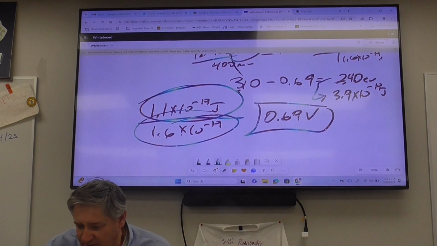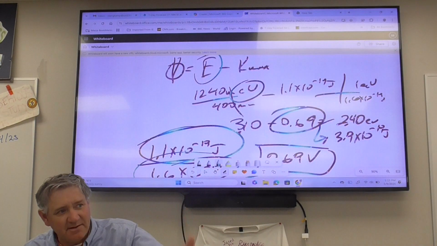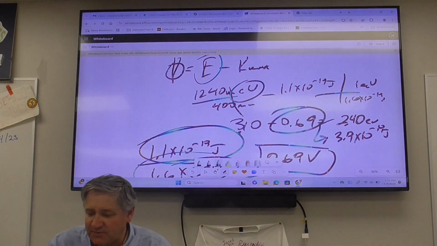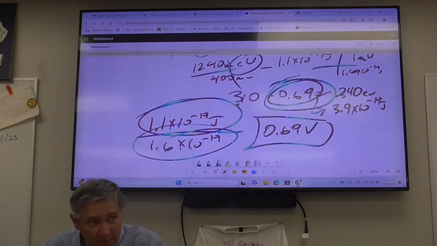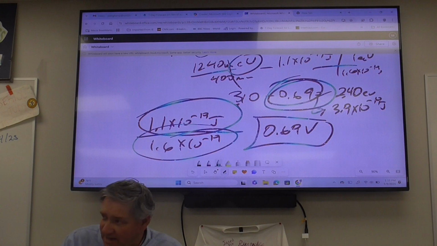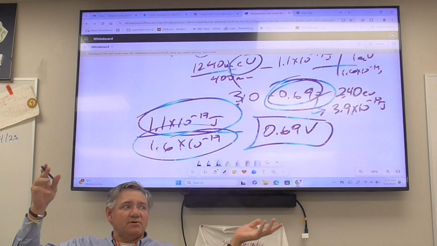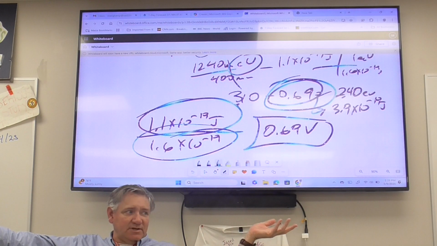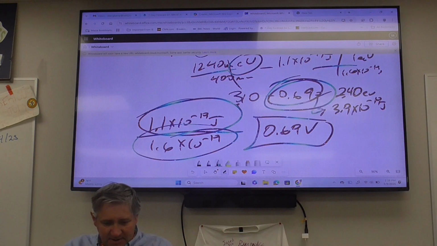Which is also the number you got up here when you took the K max and converted it into electron volts. So if you worked in electron volts, you had already found the answer to C because you knew what the electron volts were from the previous answer.